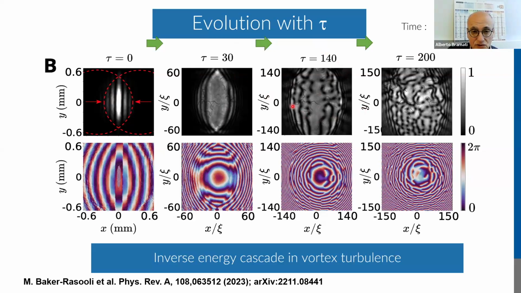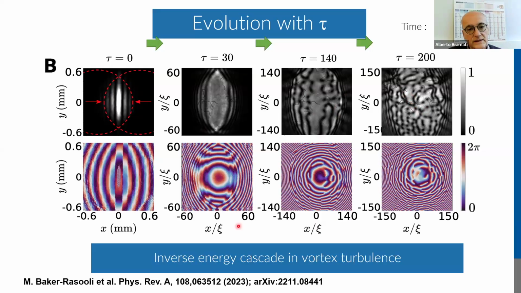So we can see that increasing the interactions, we start to see that the normal interference fringes are deformed, and we see the formation of solitons and vortices. These are vortices and these are solitons. So the dark spots are vortices, quantized vortices, and the stripes here, the strings, are solitons.